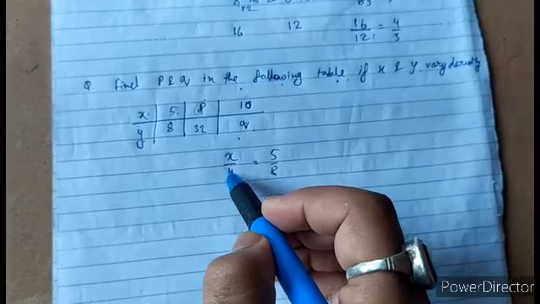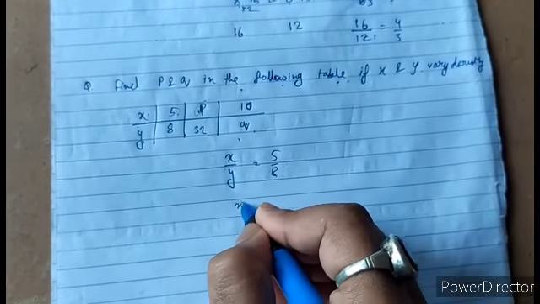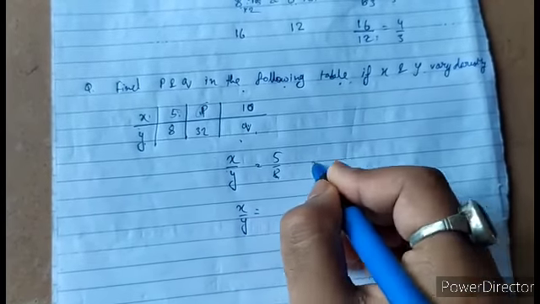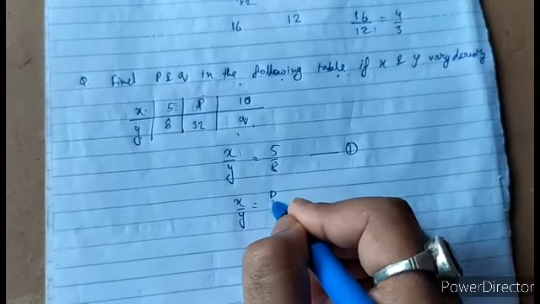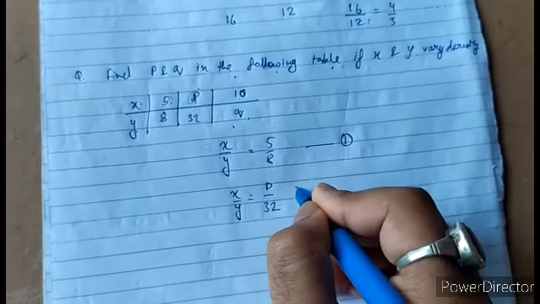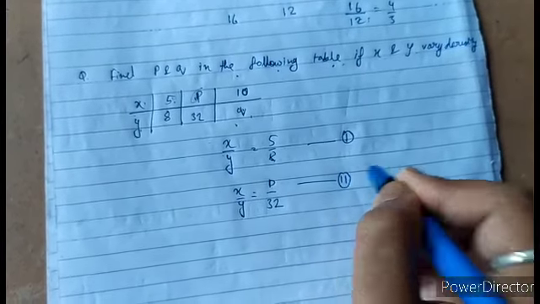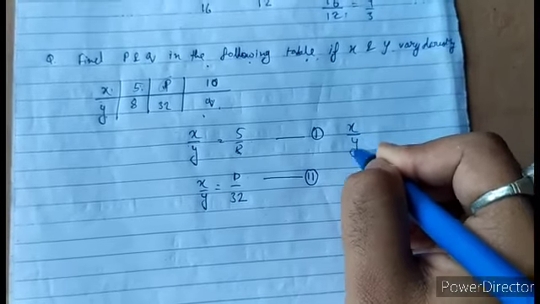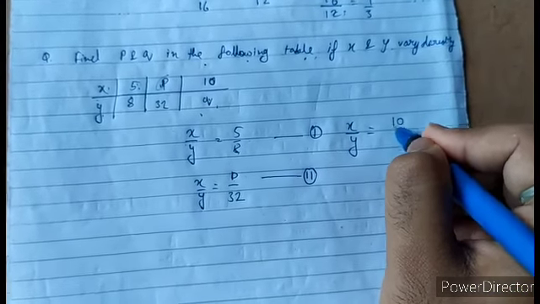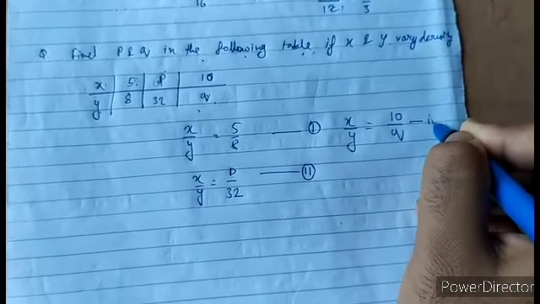Similarly, x by y equals P by 32, and we will call this equation 2, and at last x by y will also be equal to 10 by q. It will be equation number 3.